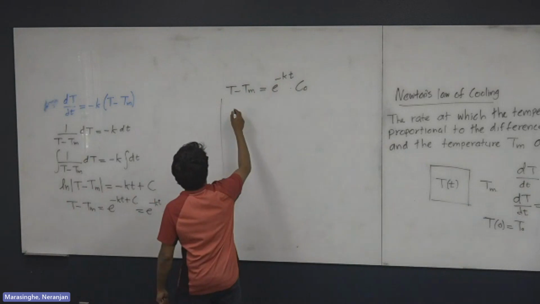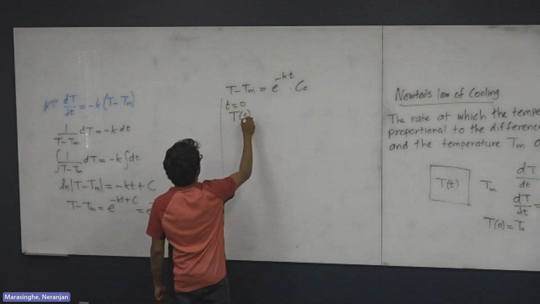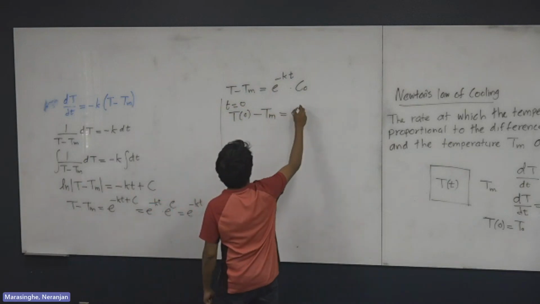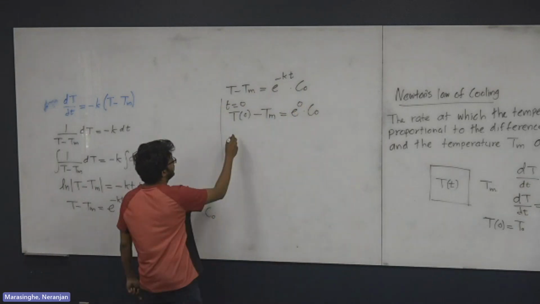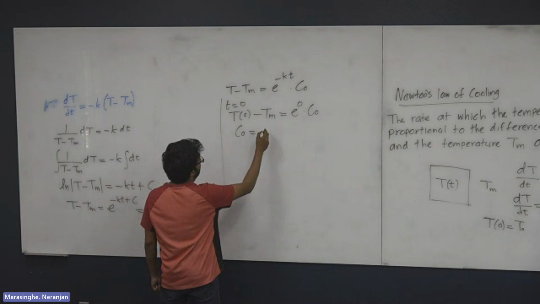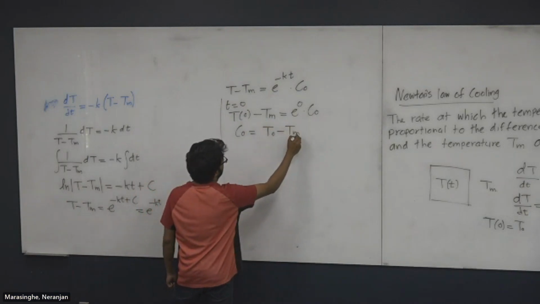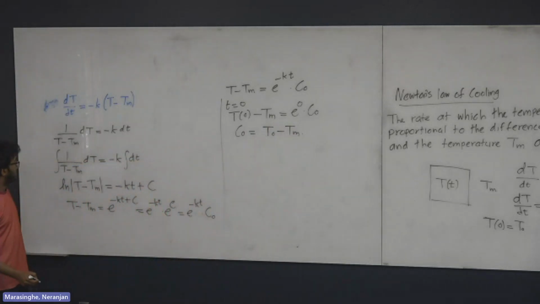So I would plug in t equals 0, then I would get T naught minus Tm equal to e to the 0 times C naught. So C naught is going to be equal to T naught minus Tm.